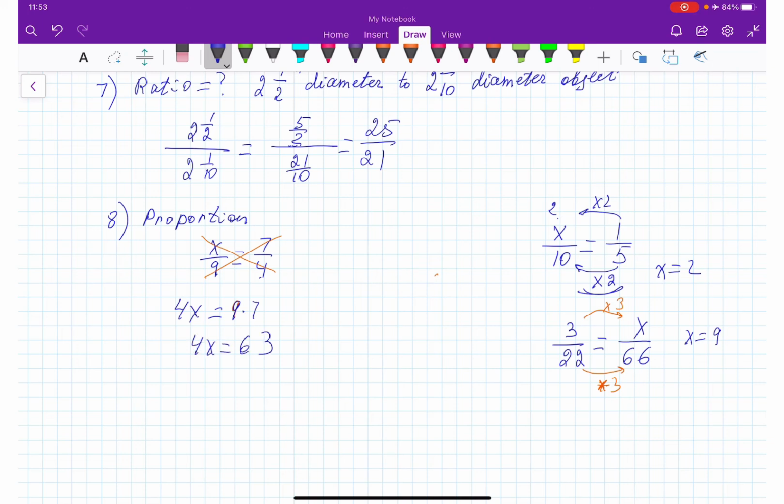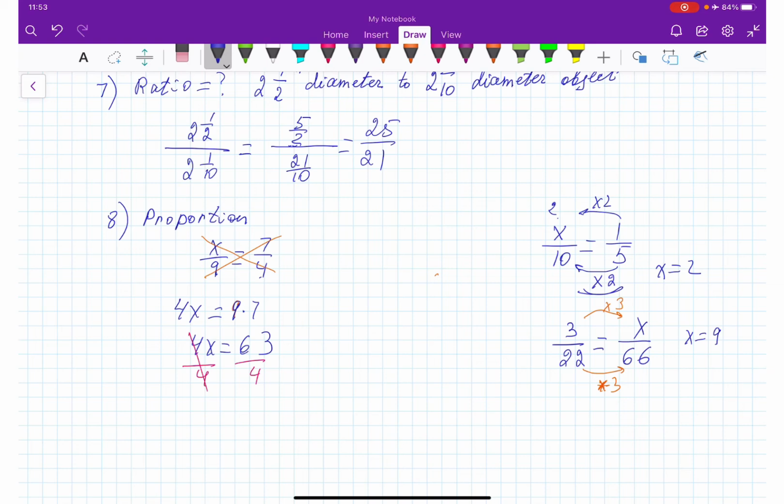And solve it, dividing by 4 here, dividing by 4 here. This is gone. 63 over 4. All right. So x is equal to 63 over 4.